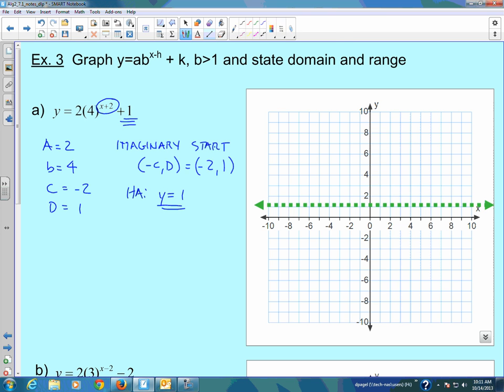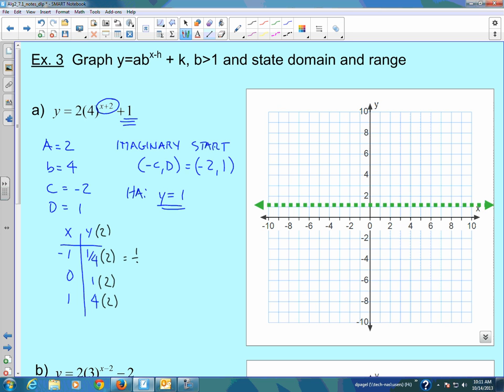If we go ahead and do my critical parent movements here, left 1, 1 over 4, 0, 1, 1, 4. Now, because of this stretch factor of 2, everything multiplies by 2.